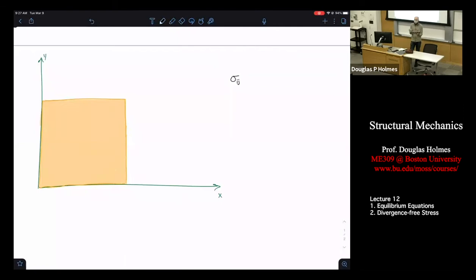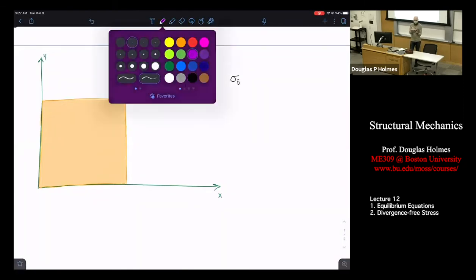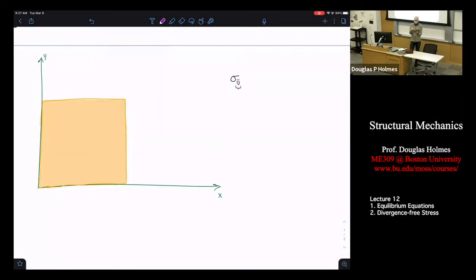But for now, I just want you to know that i and j, and any other Latin letter, k, whatever, can be within the set of numbers 1, 2, and 3.